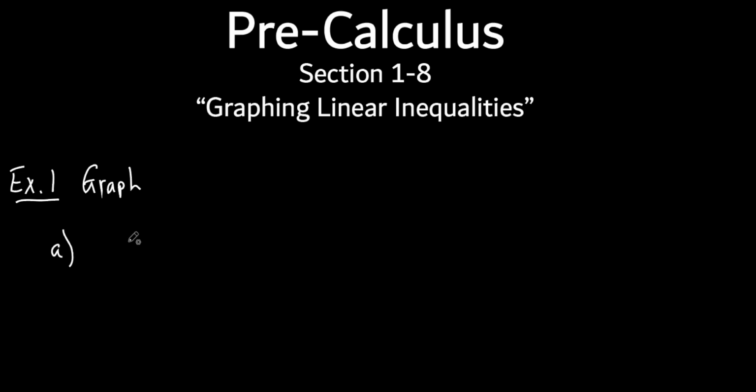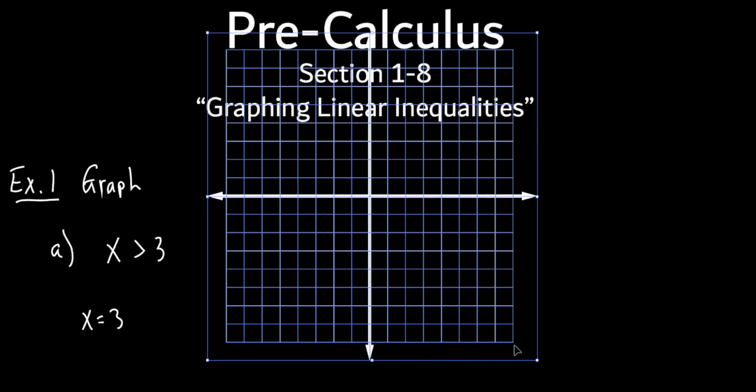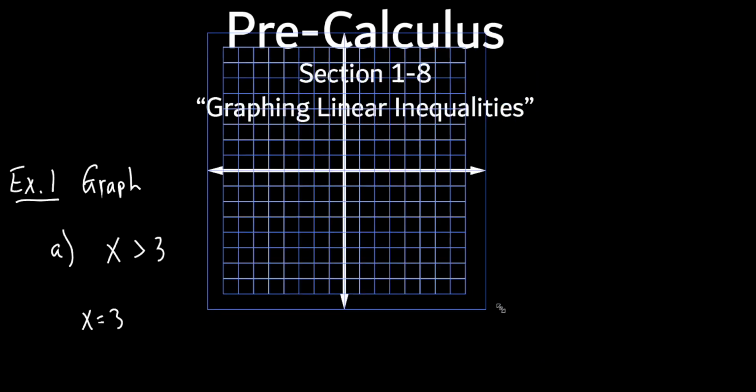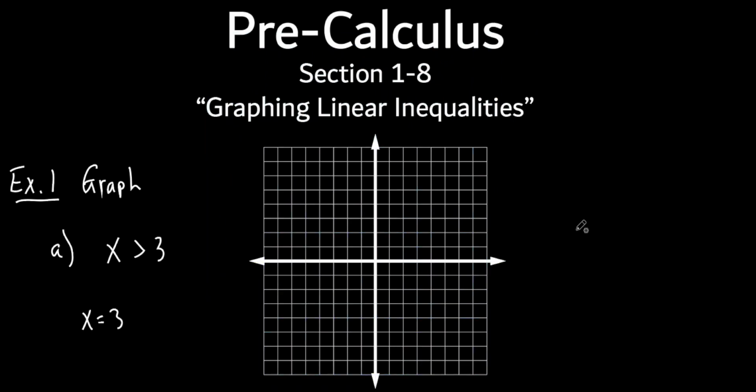This is part A, for example 1, and you're going to graph x is greater than 3. Now, we're not just doing this along a horizontal line. This is x and y axis, right? So what if, it doesn't say it, but what if it just said graph x equals 3 with an x and y axis? Let's make this a little bit smaller so I can fit it on here. What if it just said x equals 3?